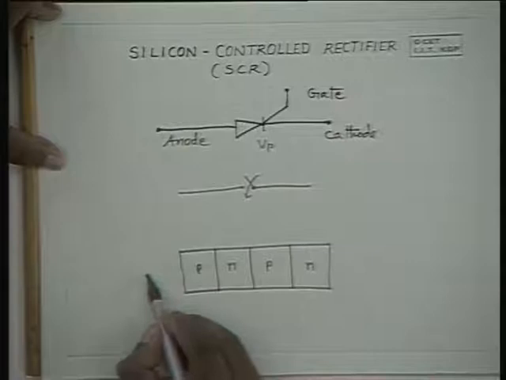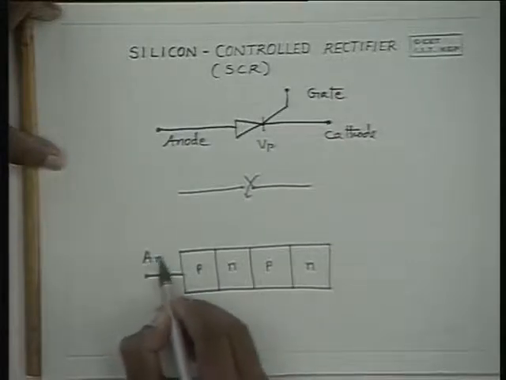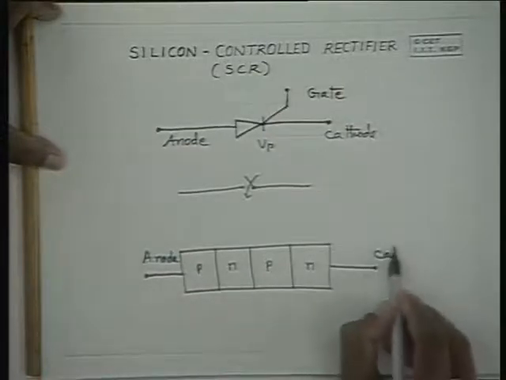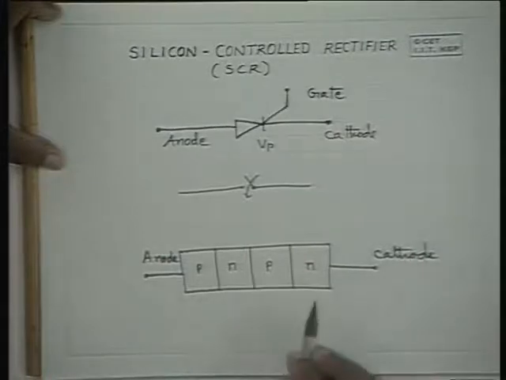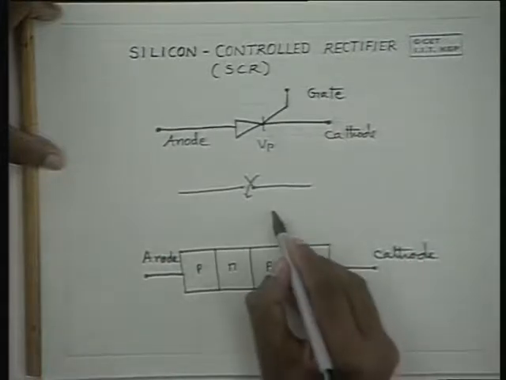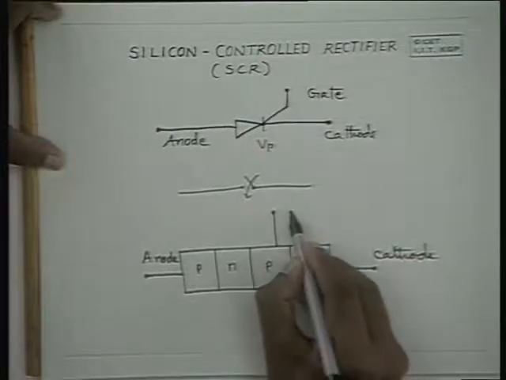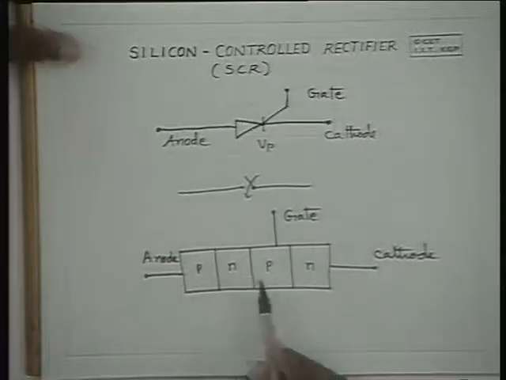Here this is the gate, this is the anode, whereas this is the cathode. So it is a PNPN device.